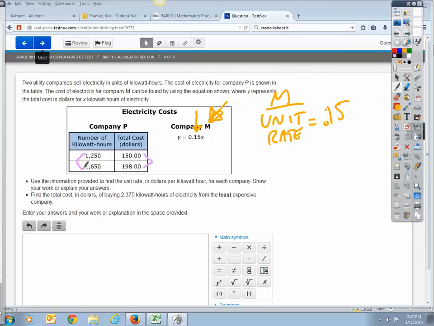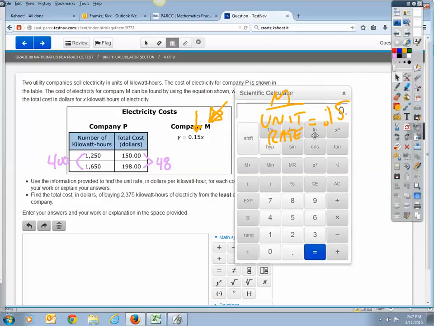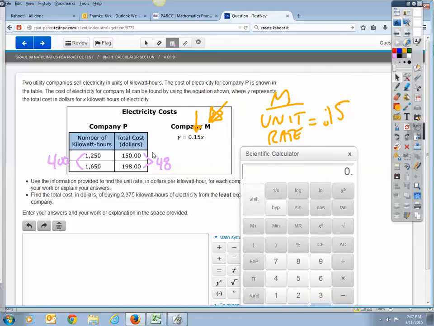So what is the difference between 198 and 150? Well, I just subtract them, right? And I get 48. So that's $48. And the difference in kilowatt hours that were used is roughly 400. So for me to find my constant of proportionality, the slope, I'm going to have to divide my rise by my run.